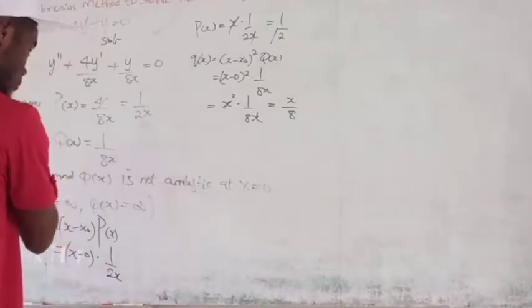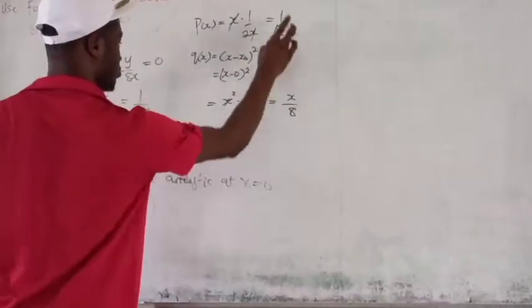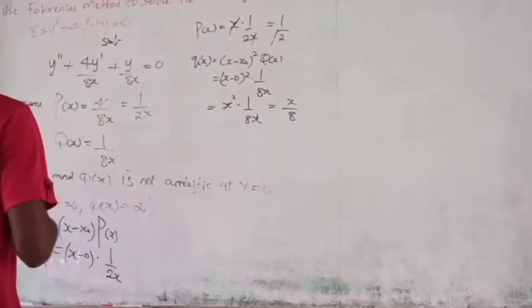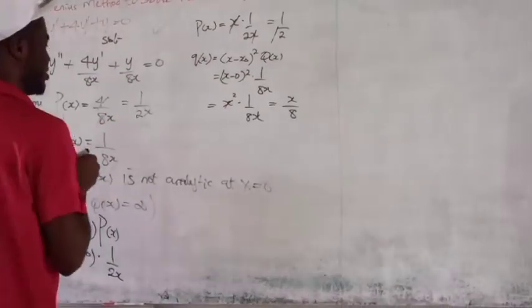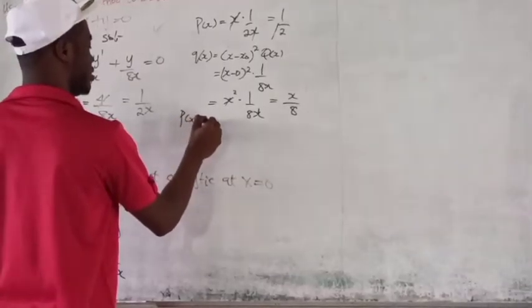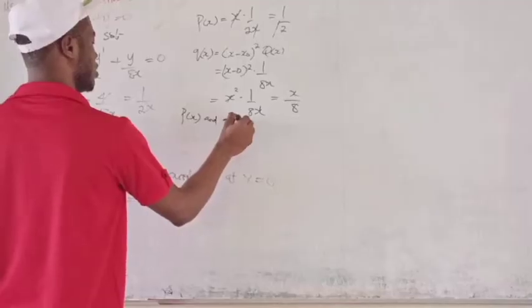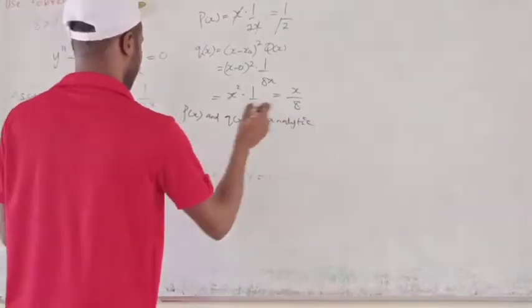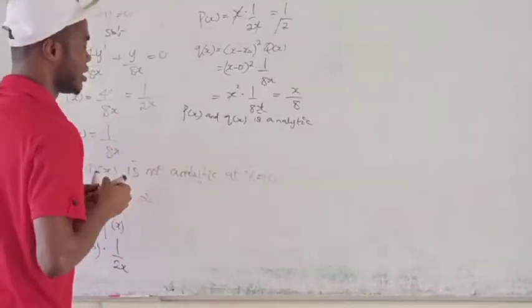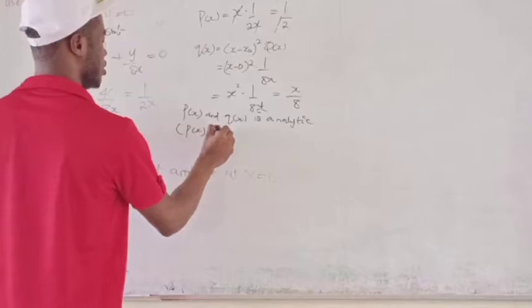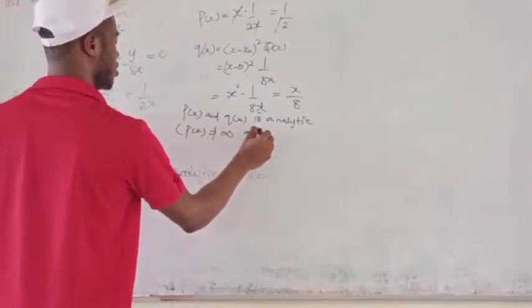From these two fractions, we see that small p of x and small q of x are analytic. What I mean by analytic is that it is not equal to infinity.